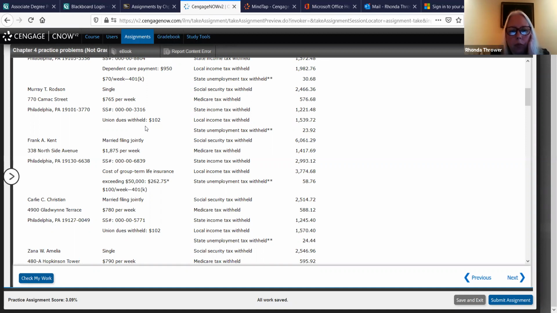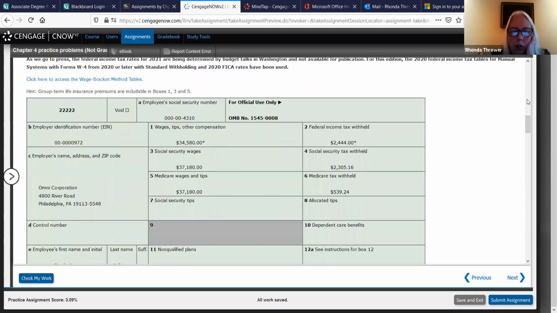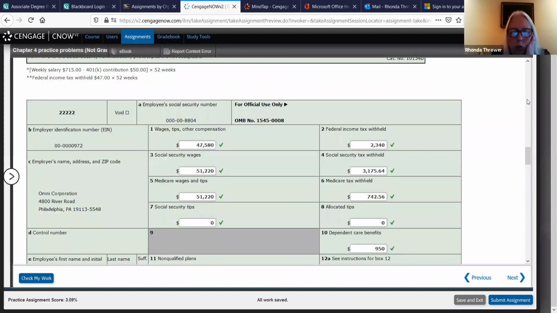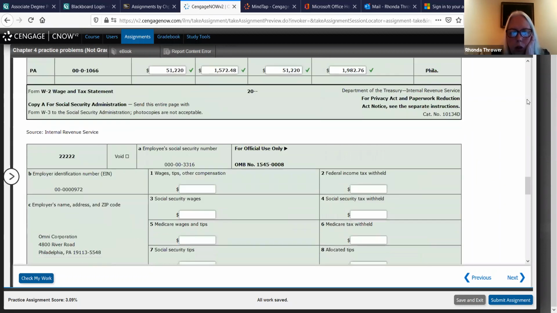So the rest of this is the same as what we've done before. So the only thing that really is different in this case is the union dues. So let's see where we can put the union dues on this particular employee.